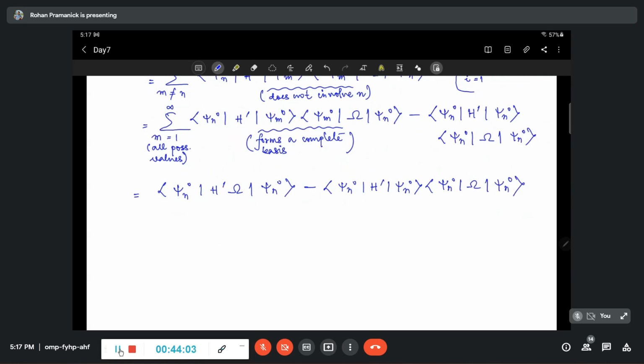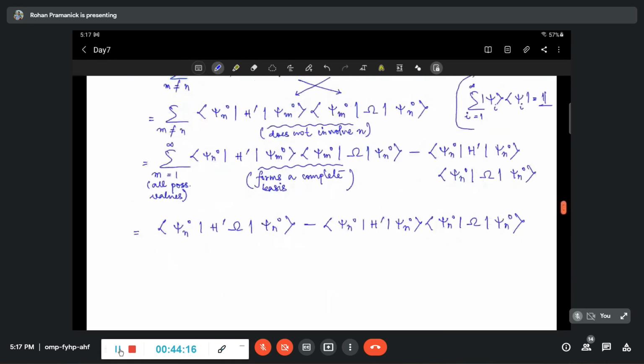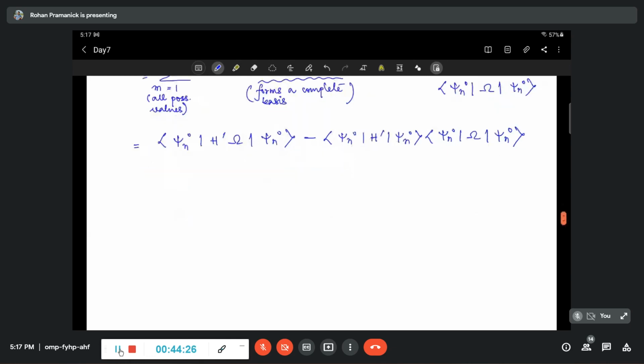So you see, we started with a sum which involved all possible eigenfunctions from m equals 1 up to infinity without the n, and now we have only 3 integrations to do for the nth state. So for the nth state we have to do this integration, the first one, and we have to do 2 integrations for the second part.